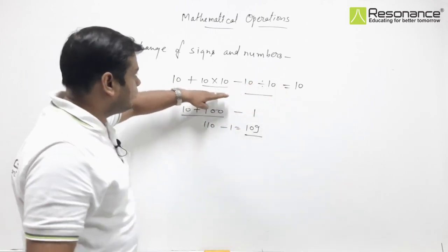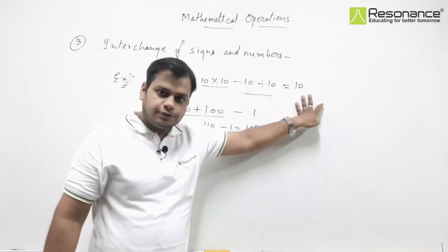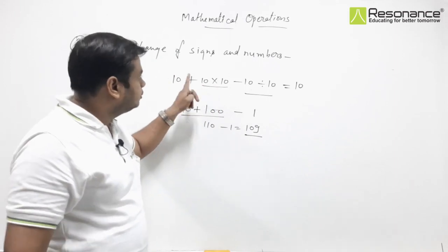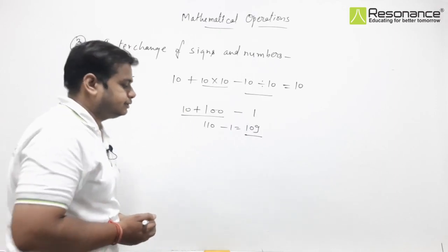So that means we have to interchange some signs so that we can get the correct solution. The solution is correct, the given equation is wrong. Also the signs are wrongly placed, so we have to interchange the signs.